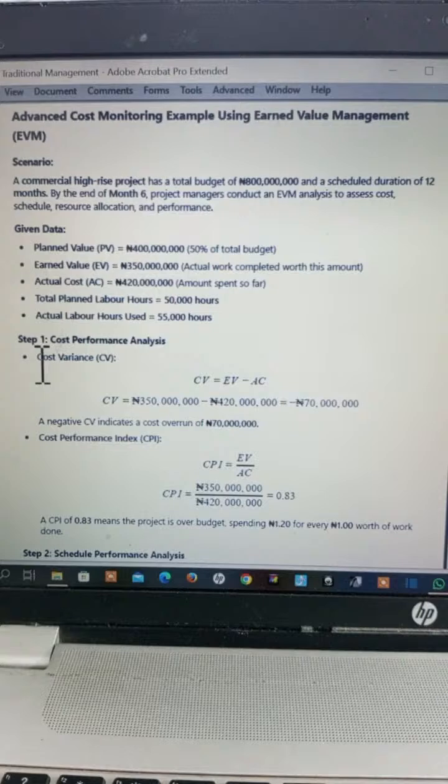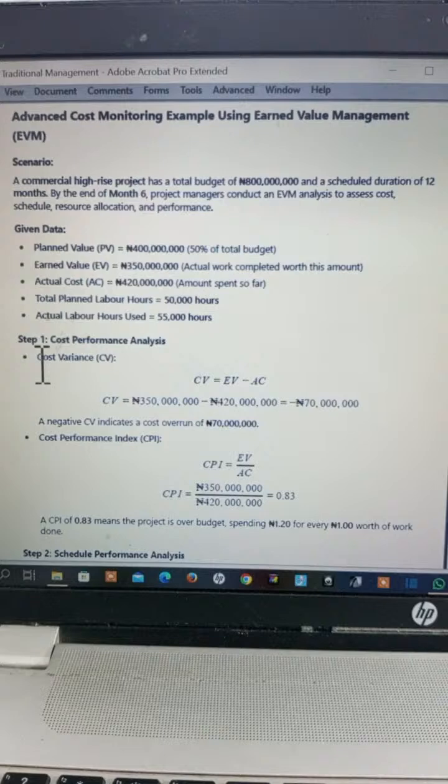The answer in your cost variance is a negative answer, and a negative cost variance indicates a cost overrun. In this case, we have a cost overrun of 70 million. Where are you going to get that money to replace? That's a big problem. This is why it's always good for projects to be monitored.